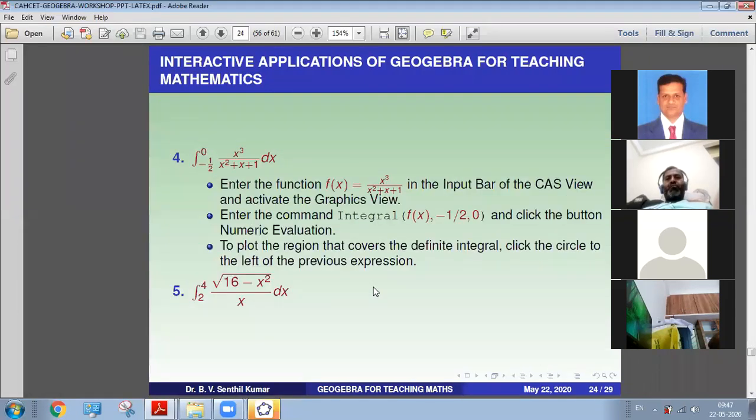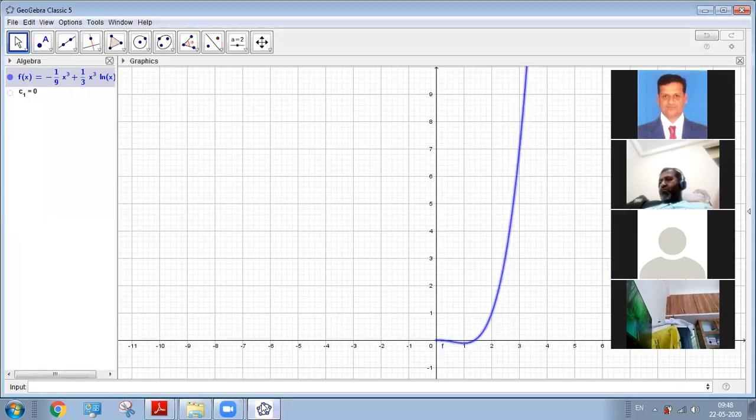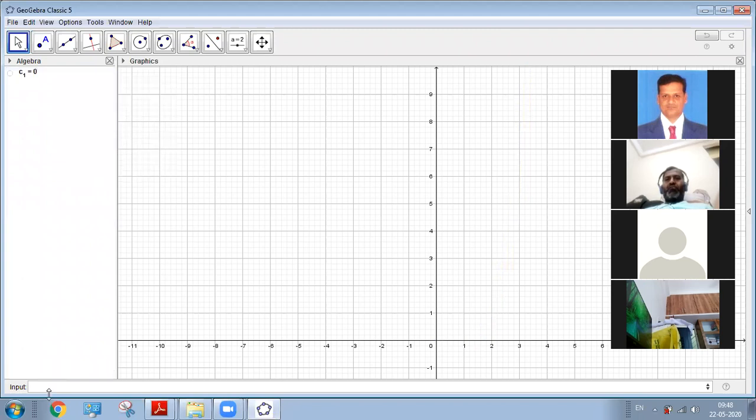You can also find the value of a definite integral. Suppose you have limits from minus 1 by 2 to 0. For that you have to use this command integral f of x. First you input what f of x is, then the lower limit and then the upper limit. We have x cubed by x square plus 1 as the function. So first I'm going to type that function, f of x equal to x cubed by x squared plus x plus 1.